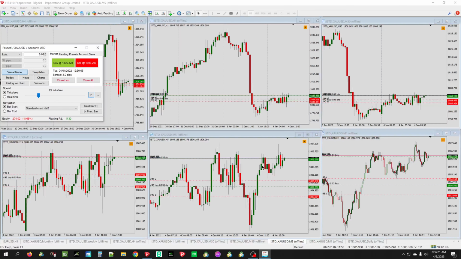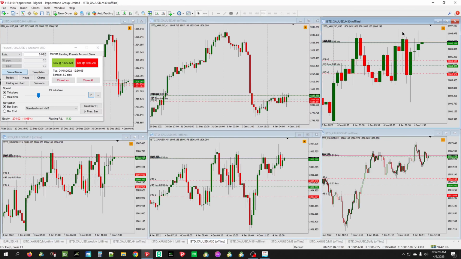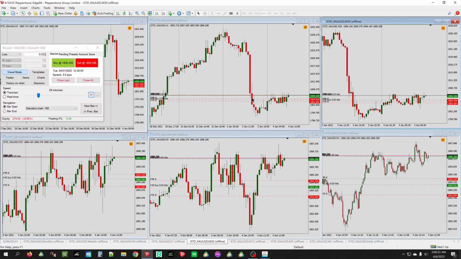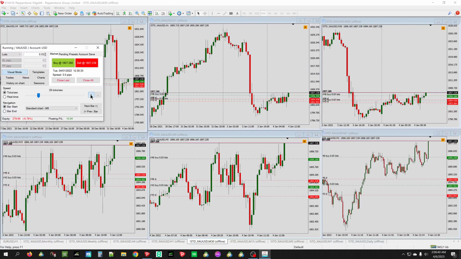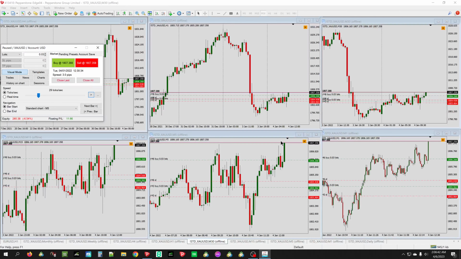Alright, M5 candle has closed bullish, and M30 has also closed bullish, which essentially means there is probability for prices to keep pushing up, and I want to see what I want to execute at this point.